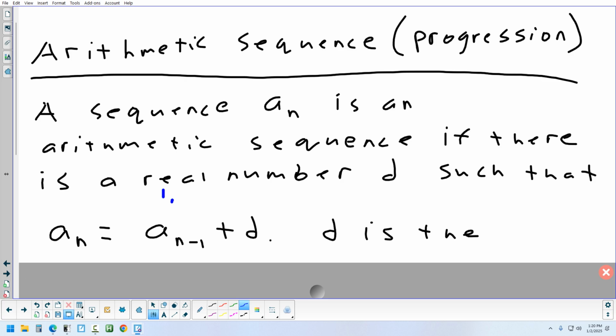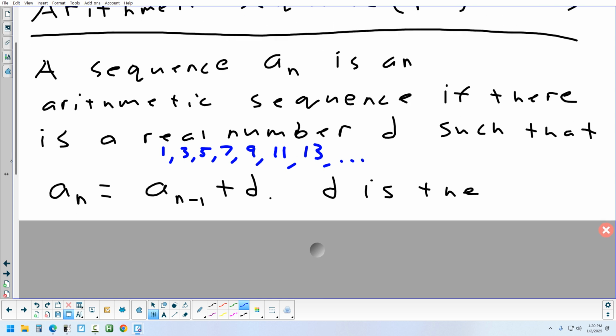Here's an arithmetic sequence. What am I adding each time there? Two. Yeah. The number that you add each time, in this formula they call d.